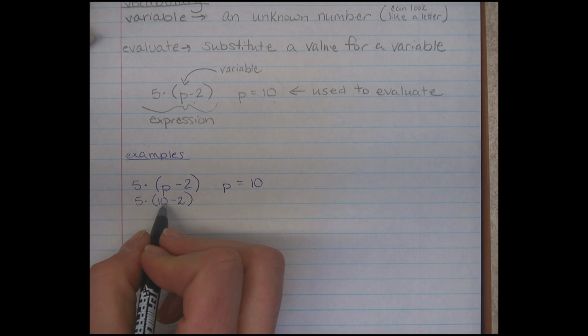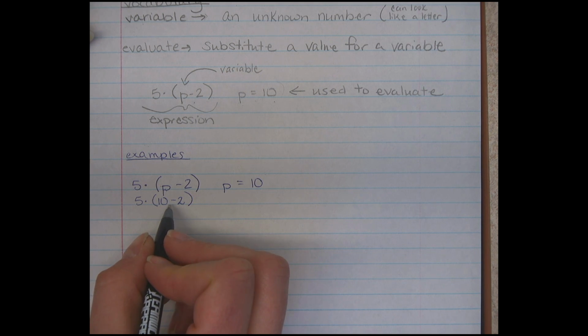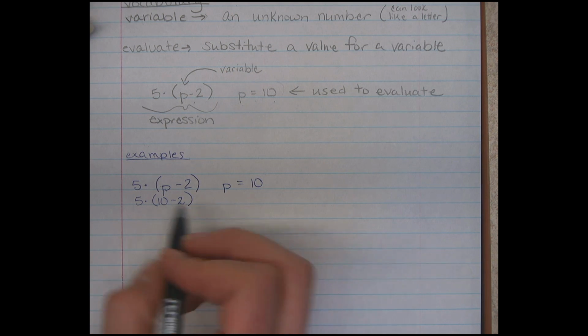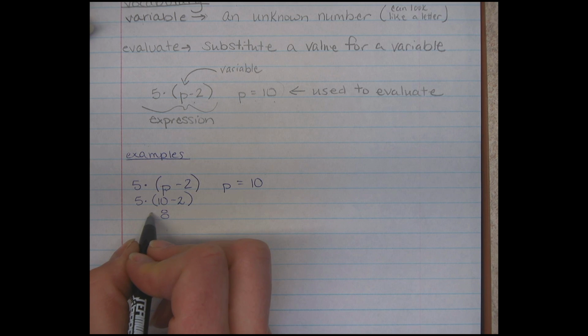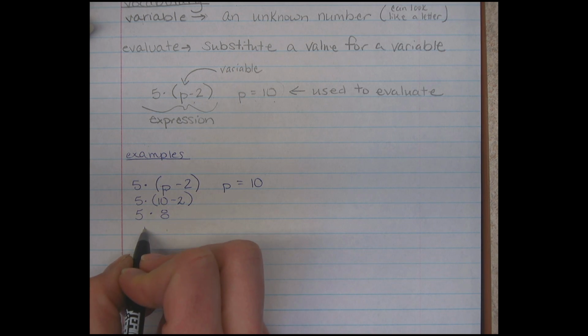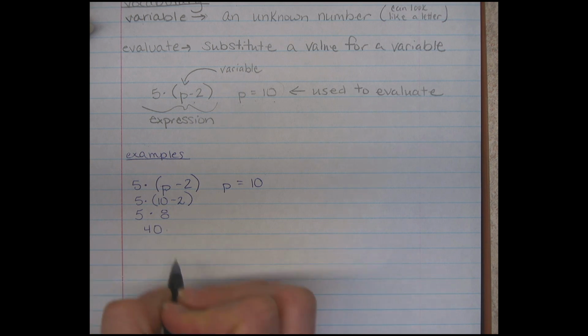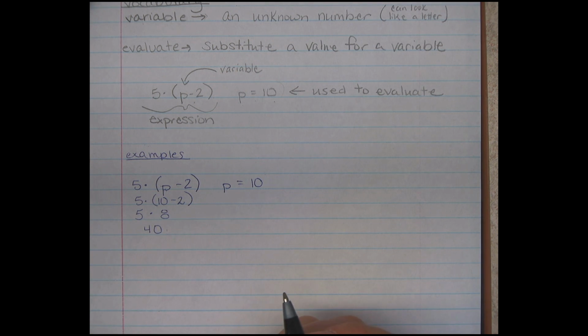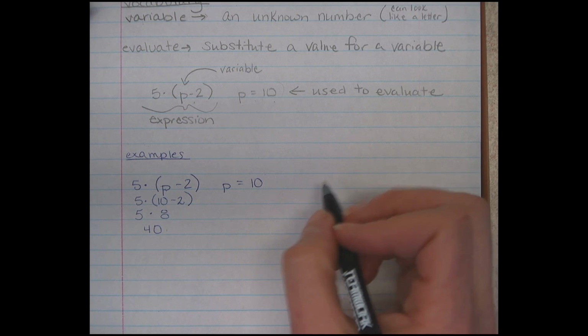So again, using that PEMDAS like we've used before. We're not going to write it all out again, but if you need to, please do. 10 minus 2 is 8. I do my parentheses first. Then there's no exponents, so now I look at multiplying. And 8 times 5 is 40. So that is my first example of how to evaluate an expression.